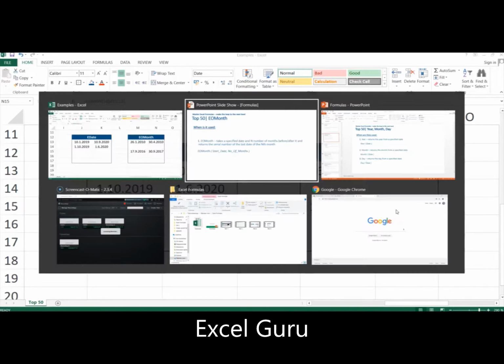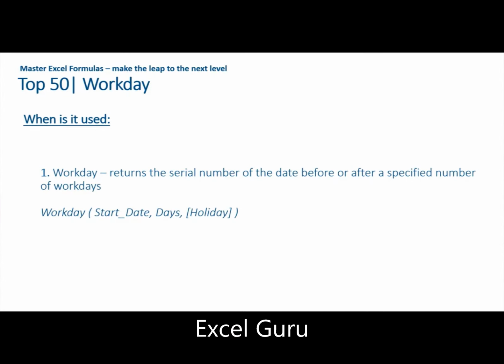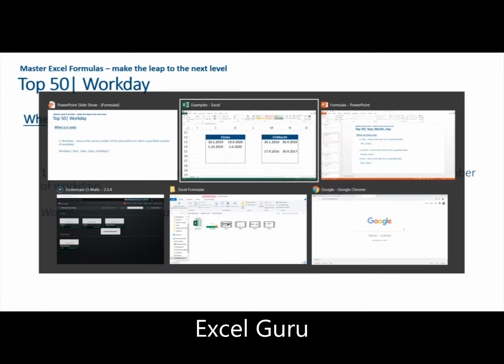Okay, now the next formula is the Workday formula. What it does is it returns the serial number of the date before or after a specified number of work days. Let me give you an example so that you can actually see what I mean by this.